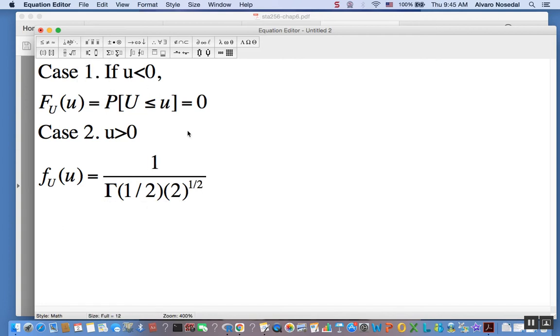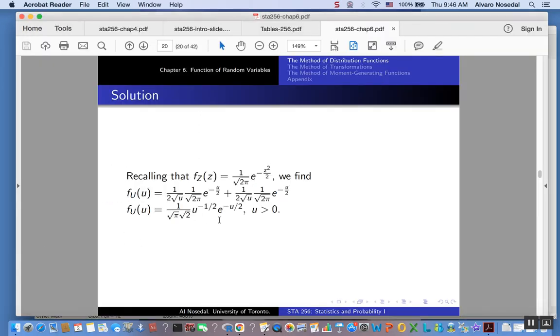to the power 1/2, and we have u to the power 1/2 minus 1 times e to the negative u divided by 2, right? So can you see that this guy is identical to what we have here?